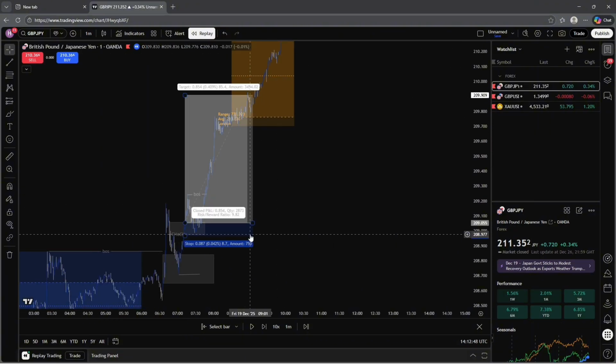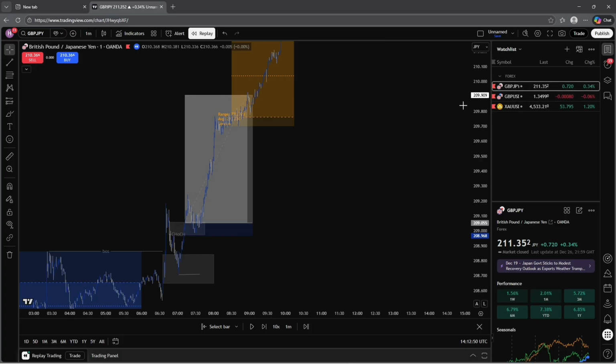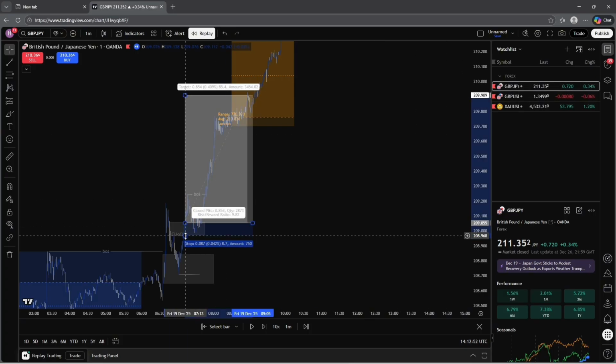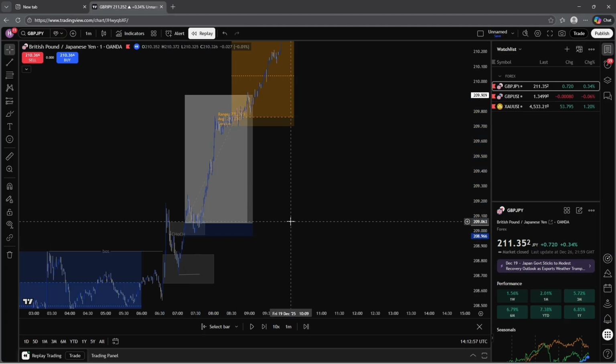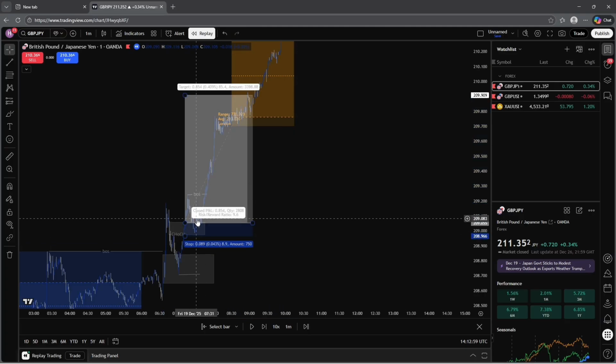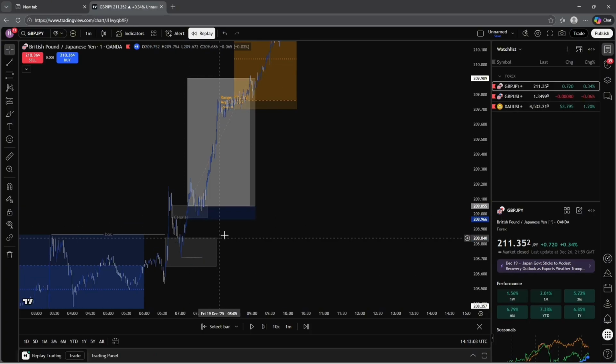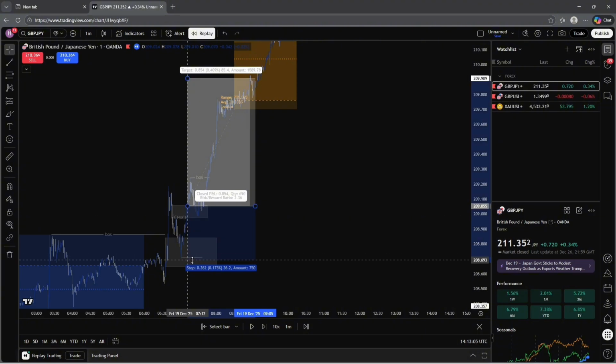However, more often than not, with these volatile currencies, we want to give it breathing room. Because they are so volatile, we often have a lot of moves that come down very quickly, doing stop hunts, taking out stop losses which would be lying around here, before then shooting off to where our take profit would be.